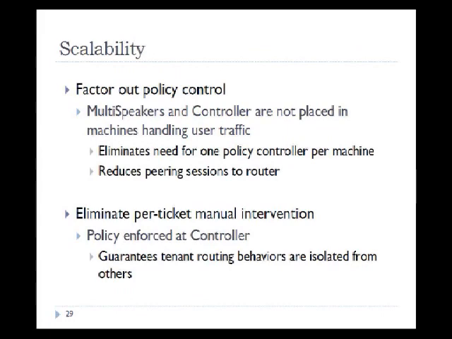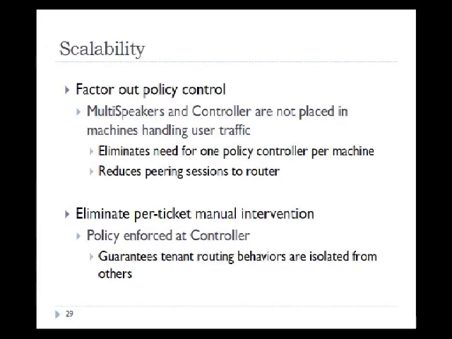And to make the human resources scalable, BGP Sharp eliminates the need for a dedicated admin per ticket by ensuring that the policy is enforced at the controller. So there are only a few admins needed to configure the policy at the controller for all the tenants. And this also guarantees that any tenant routing behavior is isolated from others.